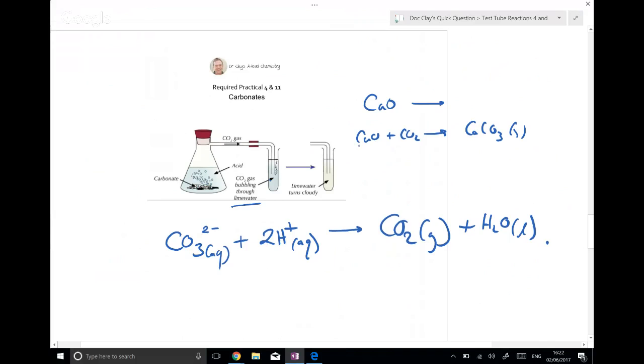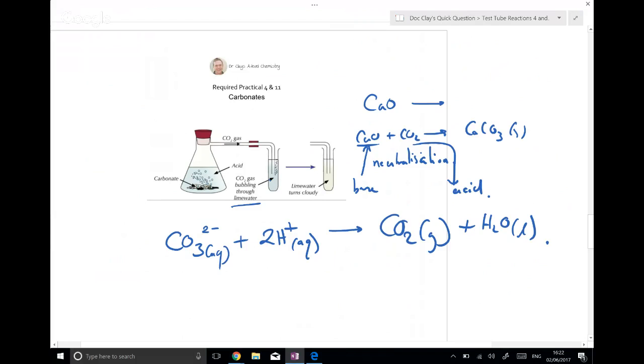Limewater also reacts with things like sulfates and silicates. This is a neutralization reaction, because the metal oxide is a base and the non-metal oxide is an acid, and therefore we are neutralizing the solution.